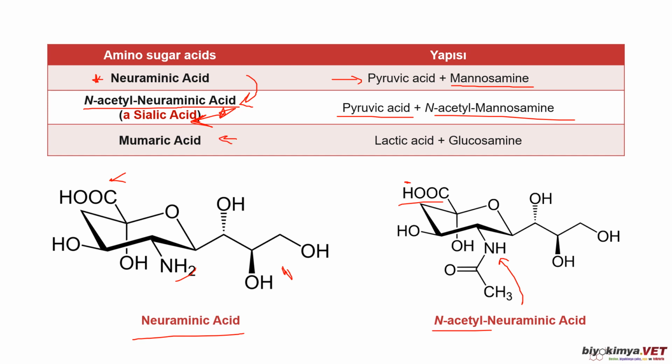Also we have muramic acid. Muramic acid is another amino sugar acid composed of glucosamine and lactic acid. It occurs naturally as N-acetyl muramic acid in peptidoglycan structures, whose primary function is as a structural component of many typical bacterial cell walls.